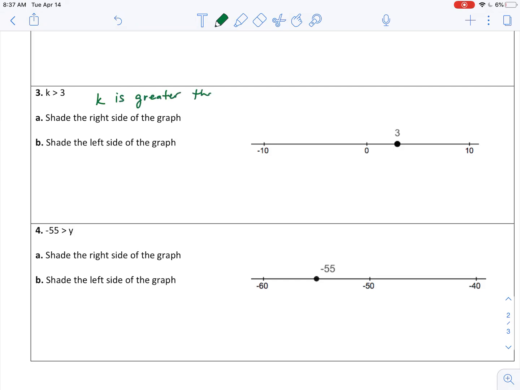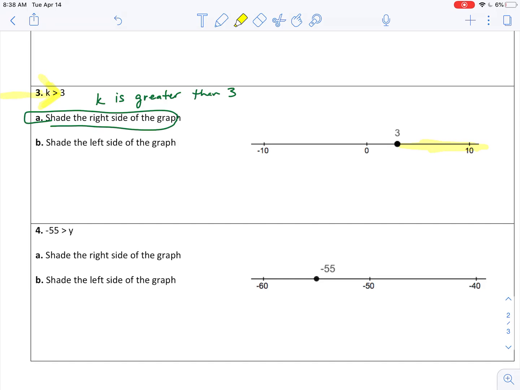So 3, got to make sure k is on the left side of the inequality, and it is. So I don't need to change that. Now k is greater than 3. Symbol's opening up toward the bigger number. k is greater than 3. So where are my numbers that are bigger than 3?